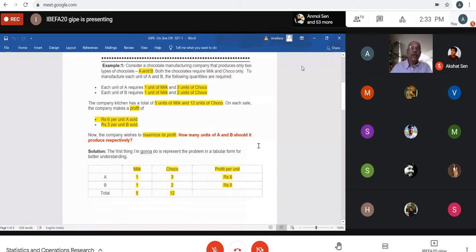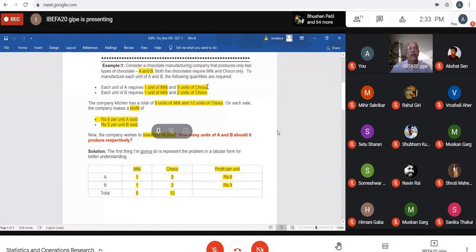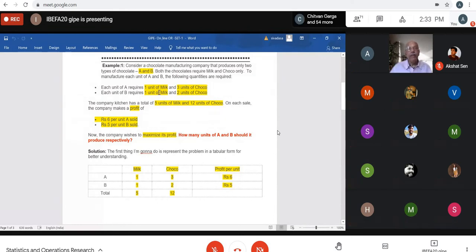To manufacture each unit of A and B, following quantities are required. For A, 1 unit of milk, 3 units of choco. For B, 1 unit of milk and 2 units of choco. Maybe milk is in milliliter and choco may be in grams.